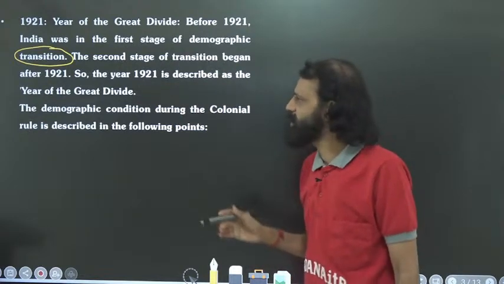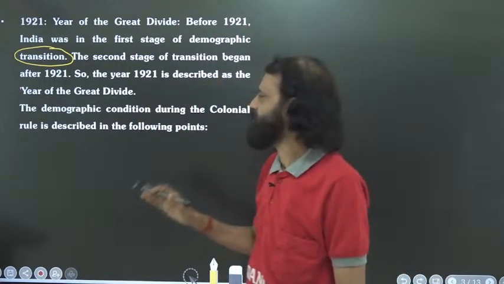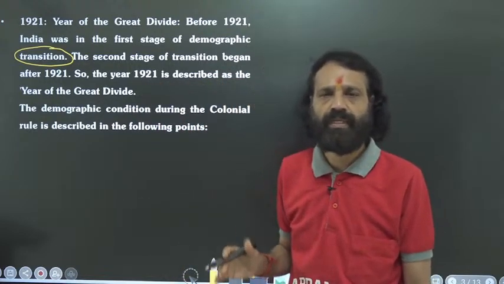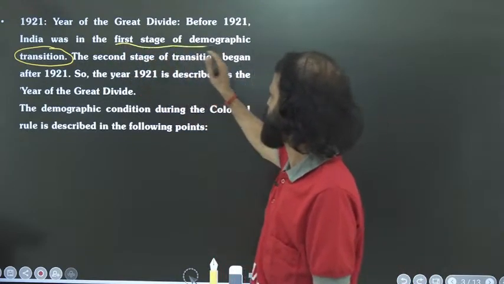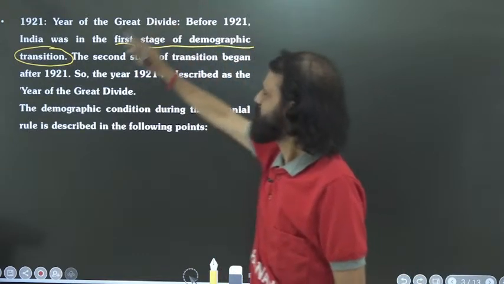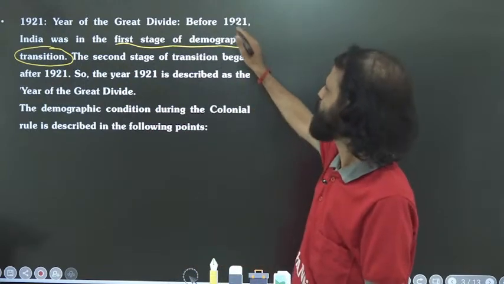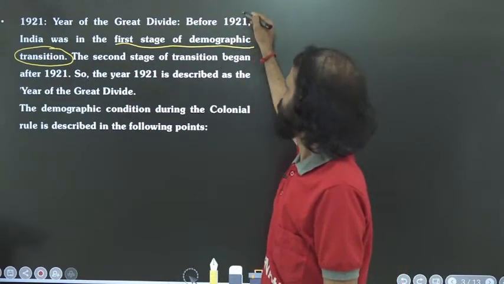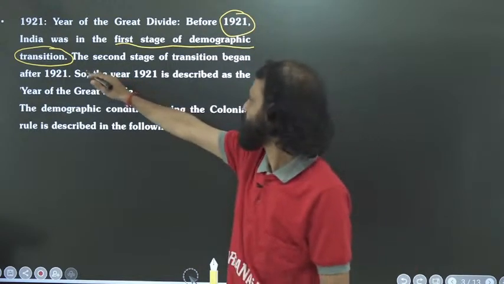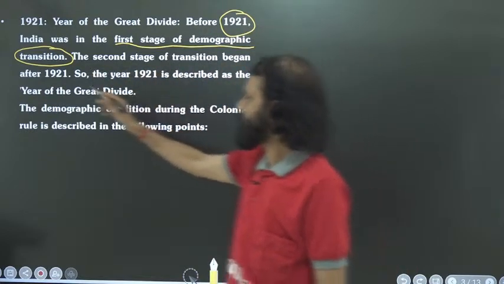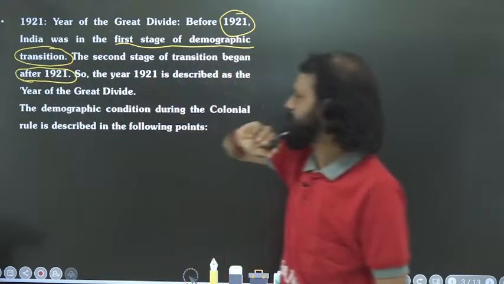So we can divide the census study into before 1921 and after 1921. Before 1921 is known as the first stage of demographic transition.